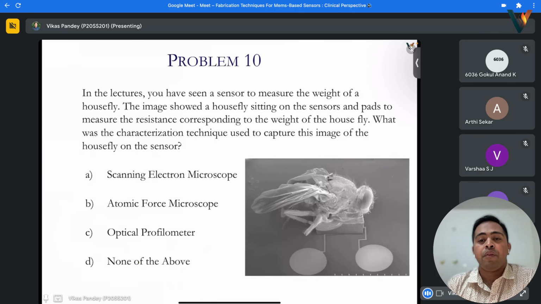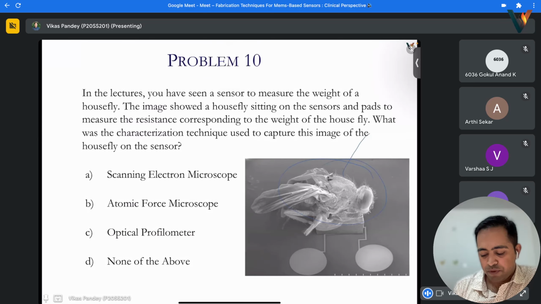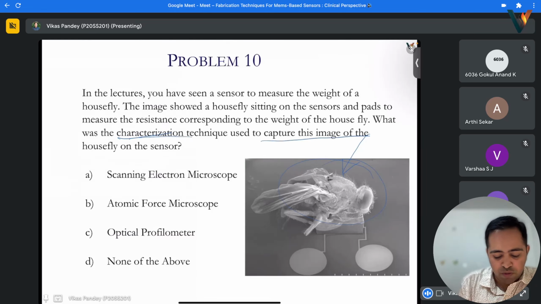Okay. Now you must be remembering this image from the lecture. A sensor was used to measure the weight of the housefly. A dead housefly was put on this sensor. The image showed a housefly sitting on the sensor and pads to measure the resistance corresponding to the weight of the housefly. What was the characterization technique used to capture the image of the housefly?